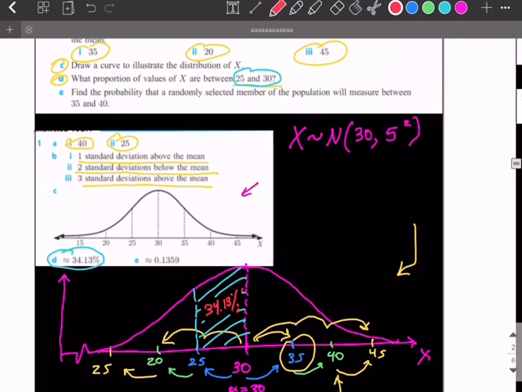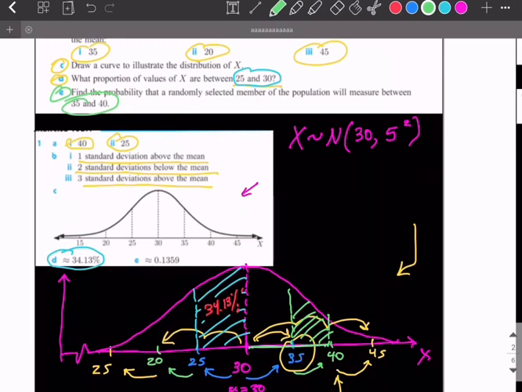For the last one, they say find the probability that a randomly selected member of the population will measure between 35 and 40. Okay, 35 and 40, that's the hardest one. So let's do that question. I hope you see that I have 2 standard deviations from 30 to 40.